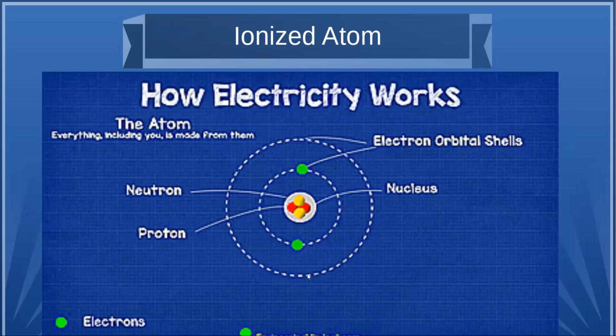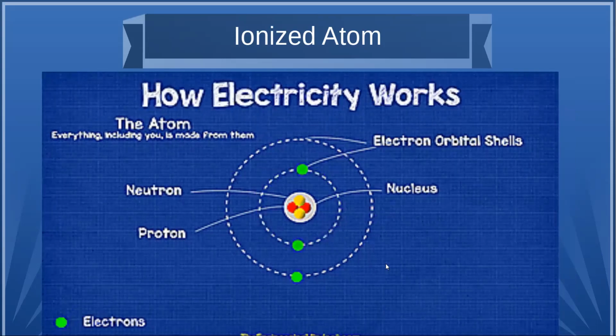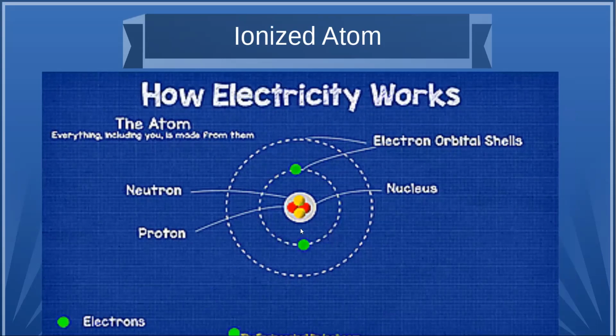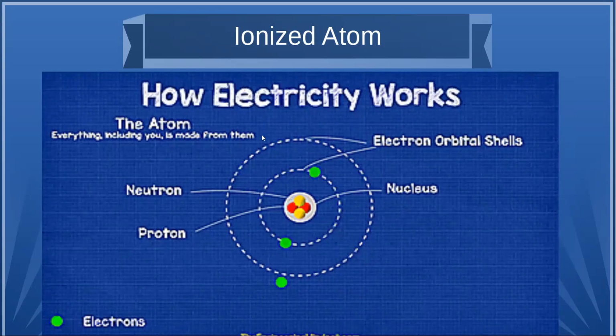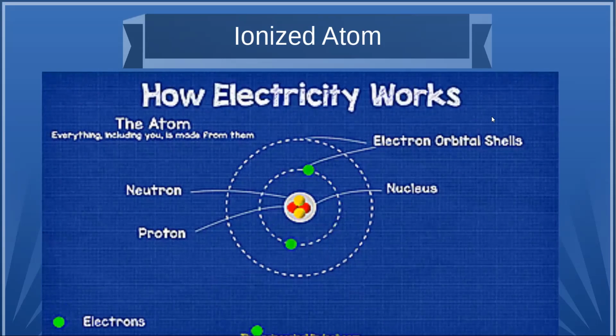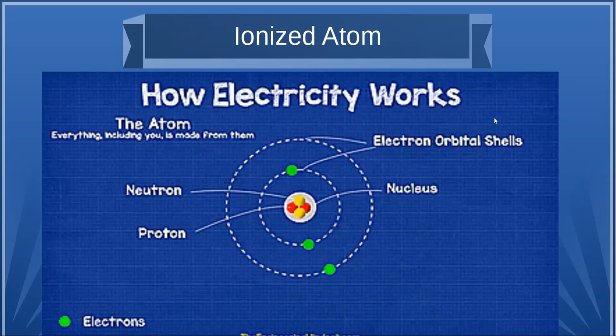If it had captured an extra electron, it would be a negative ion. It's got more electrons. Right. And then sometimes they get in the crystal stuff where they're sharing electrons, and we won't talk about that much, except in semiconductors a little bit, part 2.